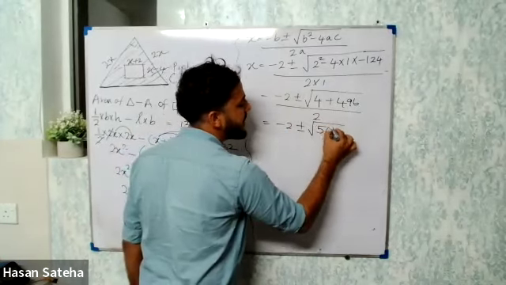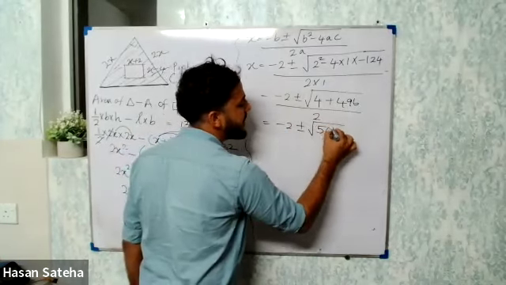Now, plus or minus, you take two values. One is positive: x is equal to minus 1 plus 11.2, or x is equal to minus 1 minus 11.2. If you take the positive value, 11.2 minus 1, that is 10.2. That is one possible answer. Or x is equal to minus 12.2.